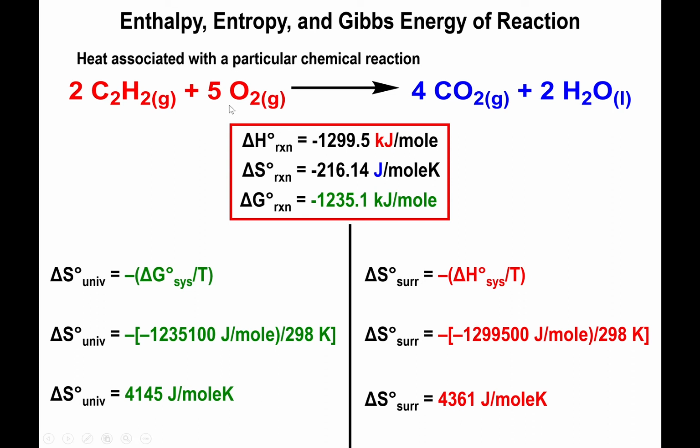So even though for the reaction the entropy of the system was negative, which generally speaking is not good in terms of spontaneity, the delta S of the surroundings completely overrules the delta S of the system and allows the reaction to still remain spontaneous, in spite of the fact that the delta S of the system is negative.